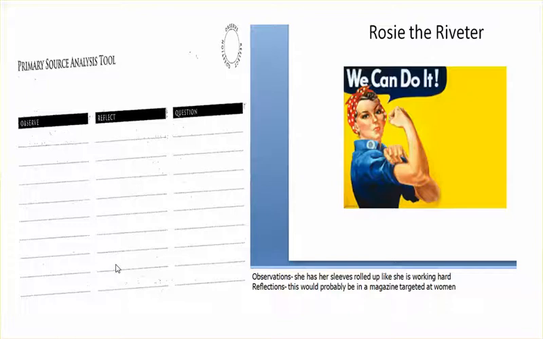Now the reflection part is going to be a little bit more thought-provoking. On this primary source analysis tool, if they flip it over on the back, it asks them about 15 different questions to help them through reflection. The back of this tool asks them who is the audience, what would be the purpose, where would you see this advertisement, who would it be intended for, how effective would it be, if you were within this demographic, say a female in 1918, would this motivate you to want to help out with the war effort?